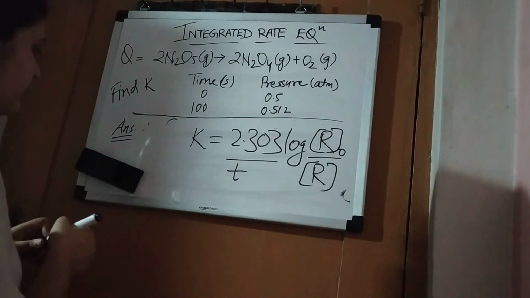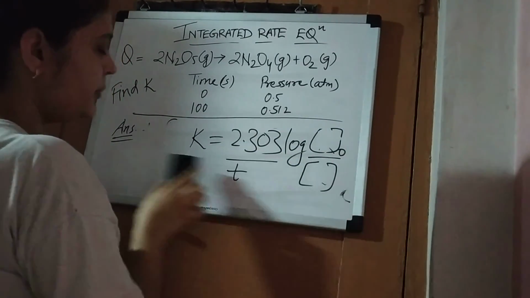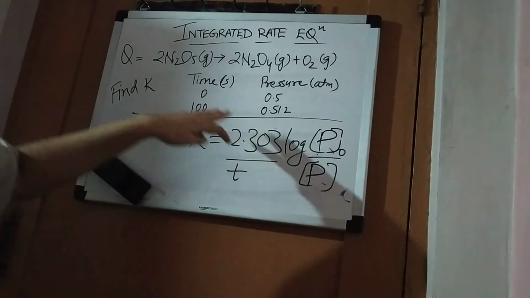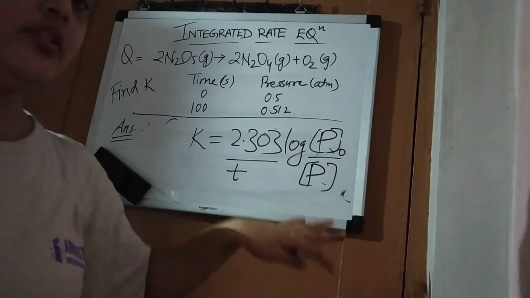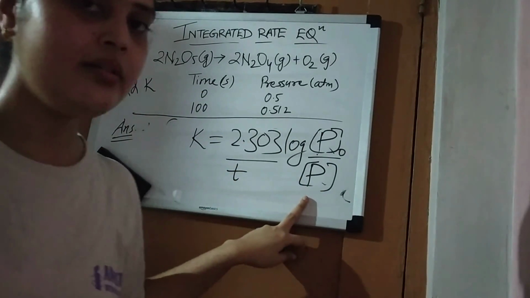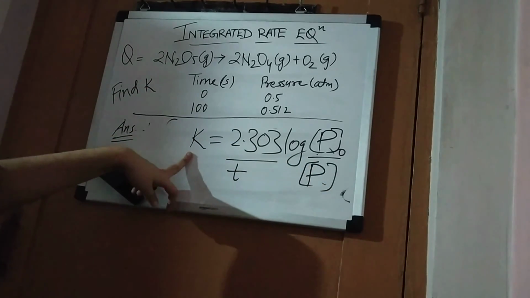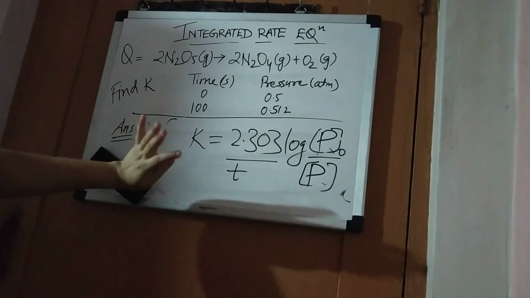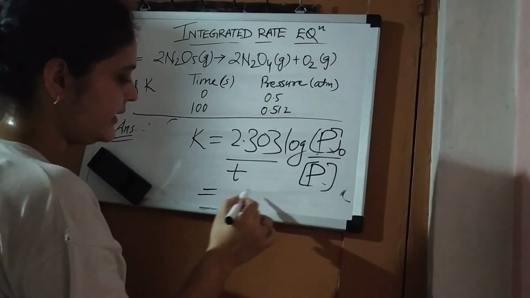So this will become P0/P, that is the initial pressure of the reactant, 0.5, and the final pressure which we have calculated, 0.476, right? And the time change is 100 seconds, and k we will find out. So we have all the quantities: initial pressure, final pressure, and time, and we will get the k value in per second.